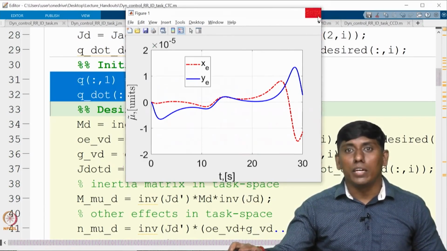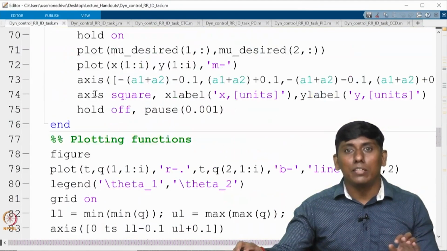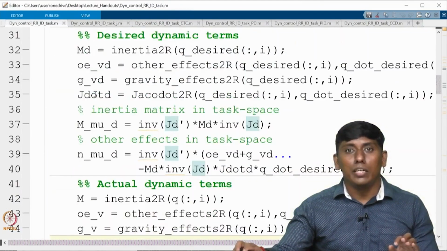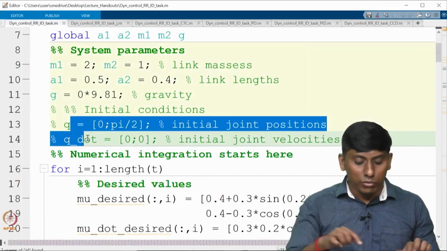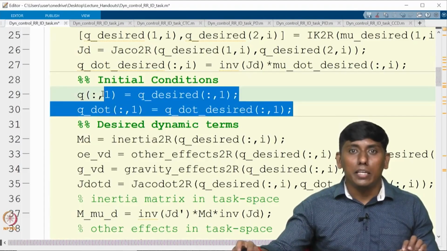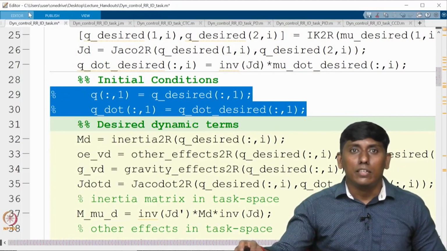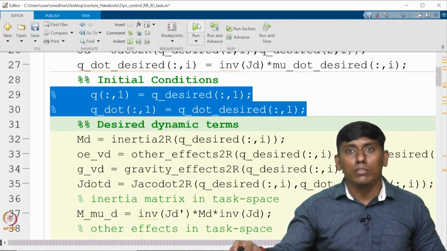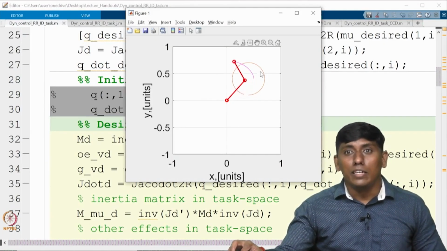Now why is this required? You can see the task space. If I equate this, I am just bringing it, and this I am commenting out in the inverse dynamics. You can see this won't work in the desired manner, and that is what we are trying to show. In fact, it may be unstable also. You can see it is starting somewhere here, right. This is the starting point and the circle is supposed to be followed.